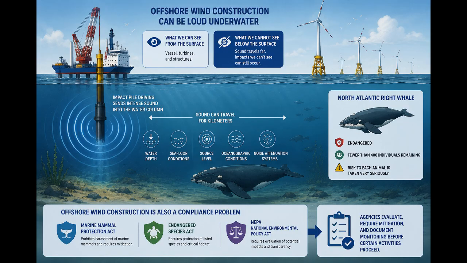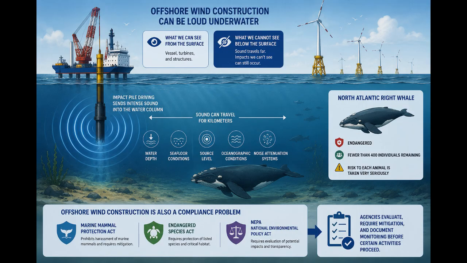This species is endangered. There are fewer than 400 individuals remaining, so regulators treat the risk to each animal very seriously. That is why offshore wind construction is not just a construction problem, it is also a compliance problem.